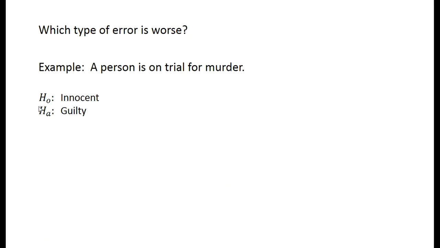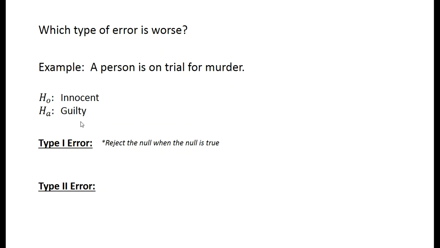Now we have our two statements. Let's look at both types of errors, and from this extreme example, we can figure out which one would be worse. A type 1 error, remember, is when we reject the null when the null is true. If we reject the null, we would have evidence to support that the person is guilty, so our verdict would be guilty, but when the null is true, the person is actually innocent.